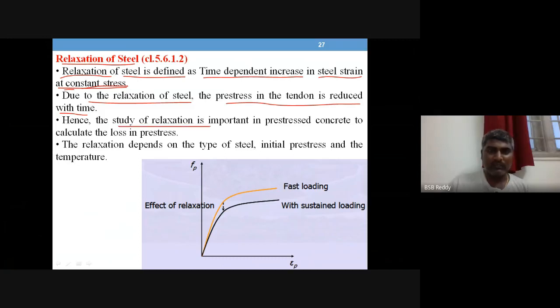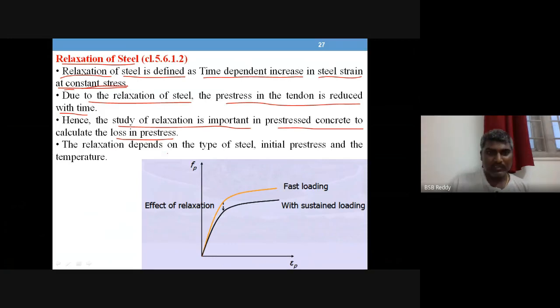So the study of relaxation is important in pre-stressed concrete to calculate the loss in pre-stress. That is the importance of relaxation, because when you lose the pre-stress, there is no point in using that member as a pre-stressed concrete member.